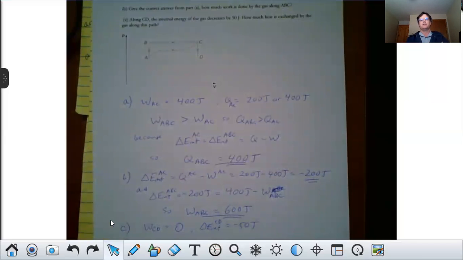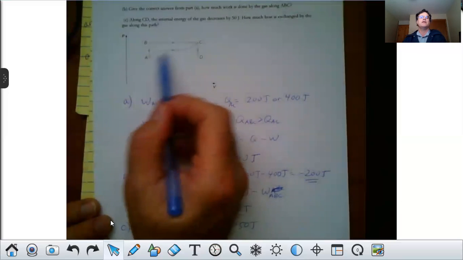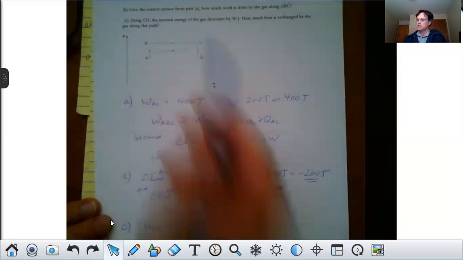And now you could have maybe figured that out, right? I mean, the difference has to be the same. But this is the answer for part B. So the paths AC and ABC are connected, and by the fact, again, that the change in internal energy is the same, no matter how you get from A to C.